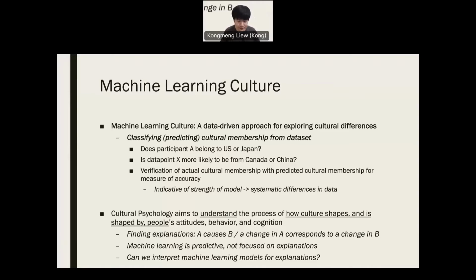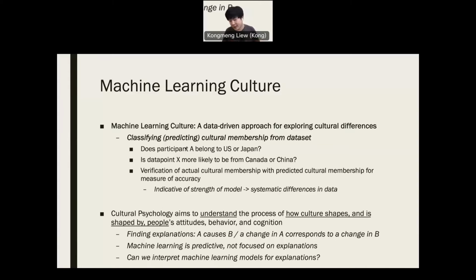And so coming back to the idea of cultural psychology, what cultural psychology tries to do is that we try to understand the process of how culture is shaped and how it is shaped by people's attitudes, behavior, and cognition, basically psychology, right? So we're interested in a lot of causal explanations and a lot of associative explanations.